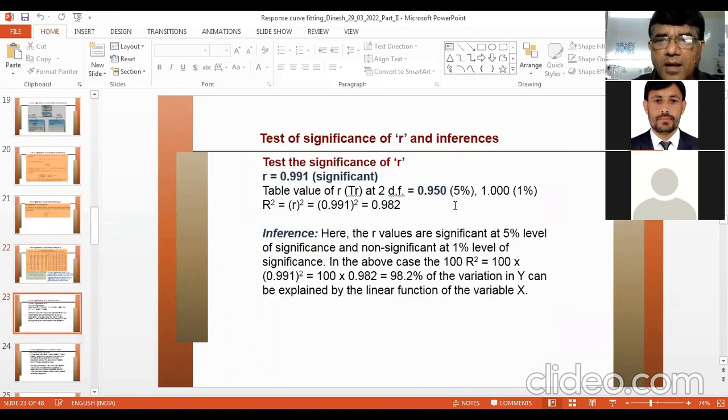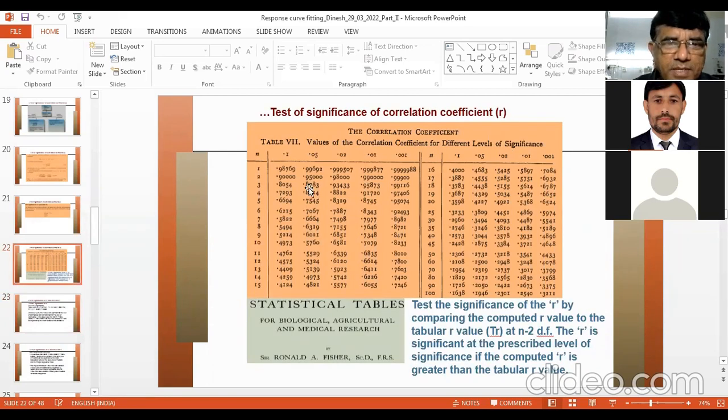And then at 1%, at 0.01, which means 1%, the value is 0.990.